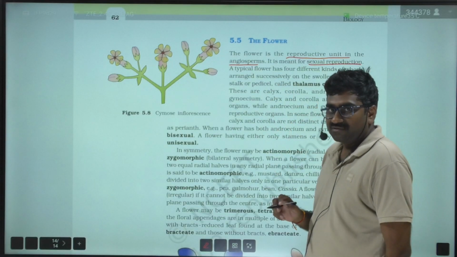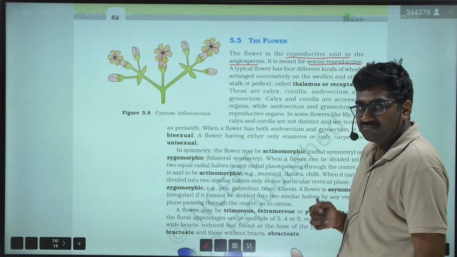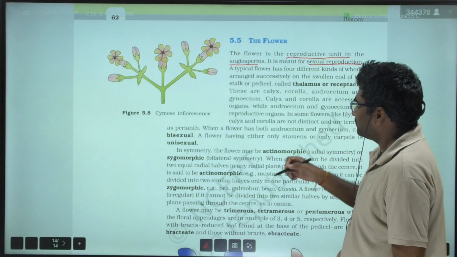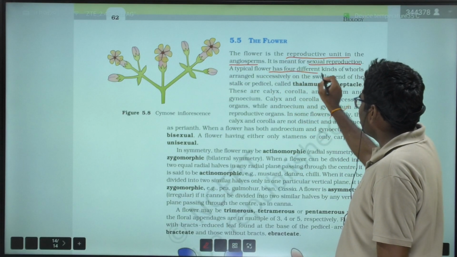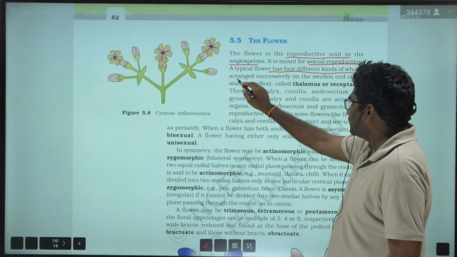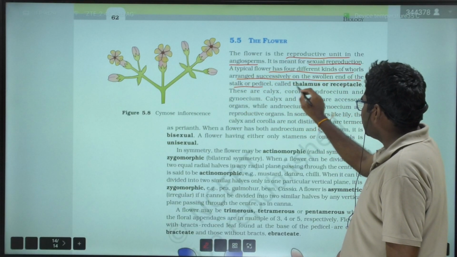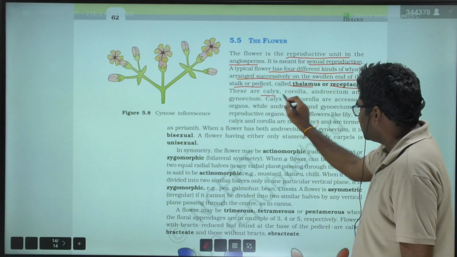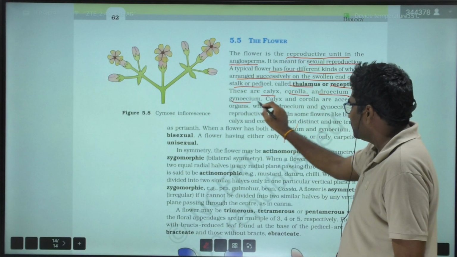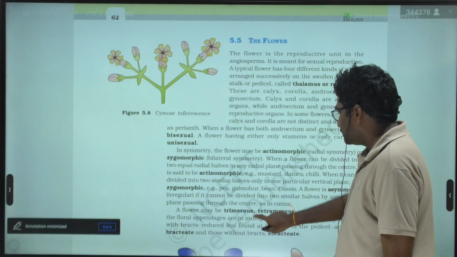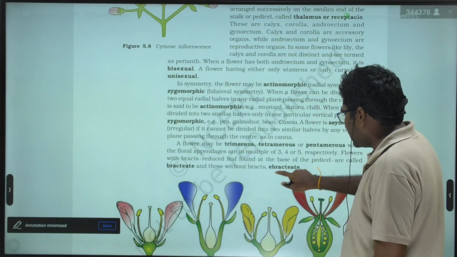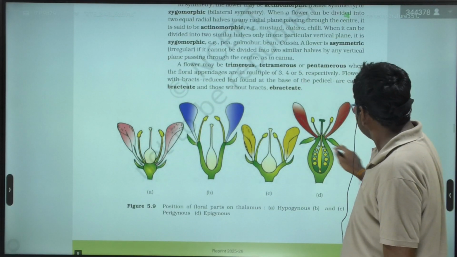In the previous chapter, we discussed in detail the reproduction of flowering plants. A typical flower has 4 different kinds of whorls arranged successively on the swollen end of the stalk or pedicel called thalamus or receptacle. These are calyx, corolla, androecium, and gynoecium.